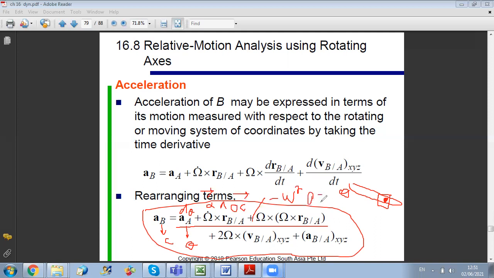So until now, these three terms represent just the acceleration of this point of the rod.